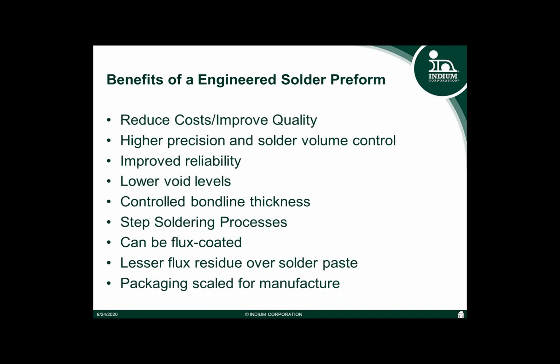And again, we can introduce step soldering processes. This would be where you have multiple levels of your assembly sequence, and you need to have a different soldering temperature. So you could move from a high lead alloy, which would be in the region of 300 degrees Celsius, then move down to a second operation.